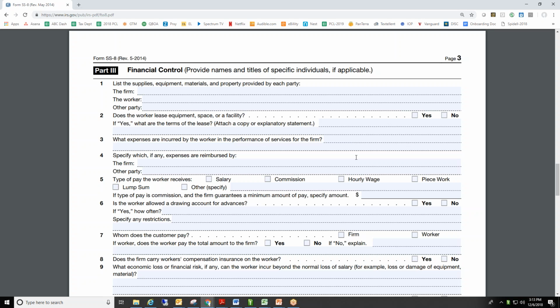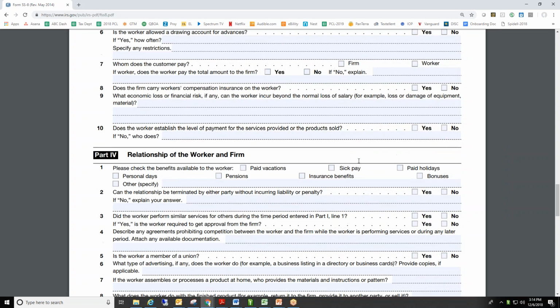There are exceptions to the rule, but it goes on for financial control. What expenses are incurred? Does the worker lease equipment? What are some expenses that are paid by the firm, paid by another party? How is the worker compensated? It wants to know who's at financial risk, question number 9 there.